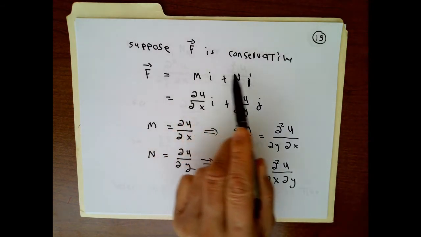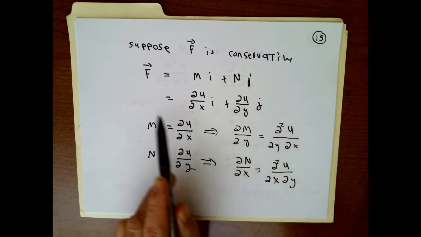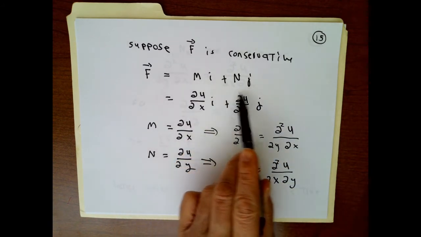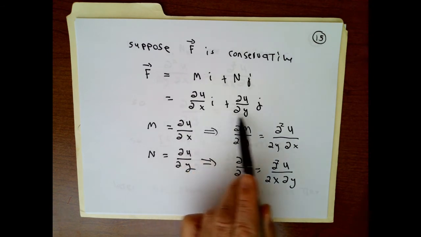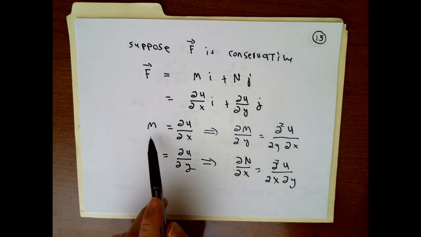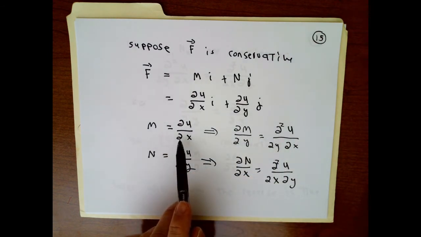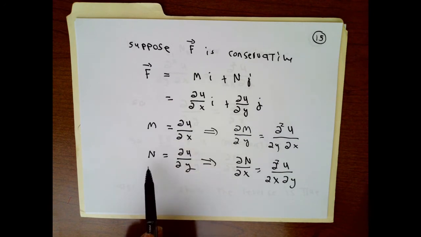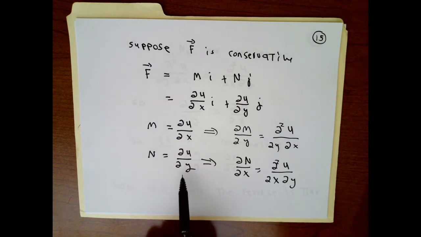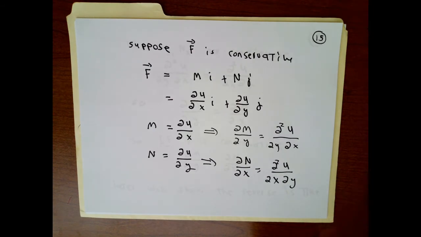So suppose f is conservative, then you could write f in this format, or in this one. As we said, m has to be the partial of u with respect to x, and n has to be the partial of u with respect to y. We're going to assume that m and n have partial derivatives themselves, and that those partial derivatives are continuous.